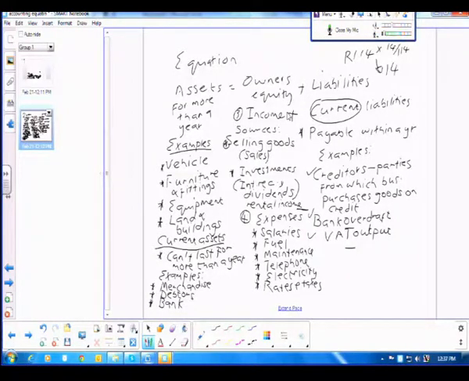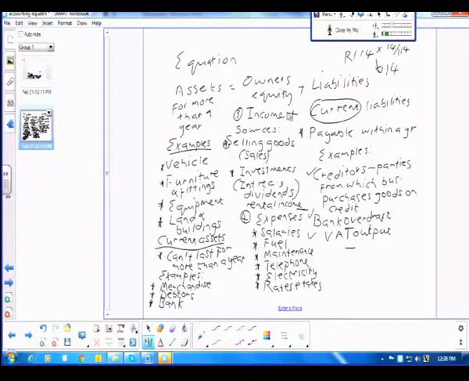First one is capital, the second one is drawings, the third one is income, and the fourth one is expenses. And we're saying capital increases your equity, drawings decreases your equity because you're taking something out, income increases your equity, and expenses decreases your equity.